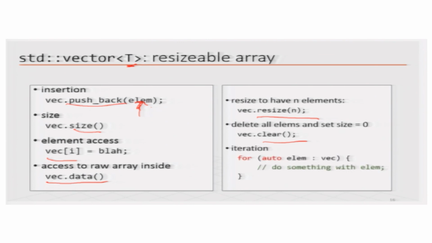And then finally, if you want to iterate, if you want to go through the list to do some action on the elements of the vector, for example, reading them or changing them or applying a function on them, then this is the new way of doing it in the recent C++ standards. You basically say that elem is an element of a vector, and what this means is that you automatically iterate from the vector's 0th element, first element, second element, third element, all that stuff inside this loop. So, this for loop basically allows you to go through all the elements of the vector and do something with the element.